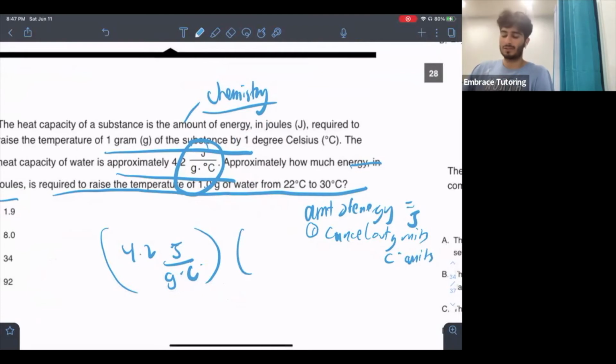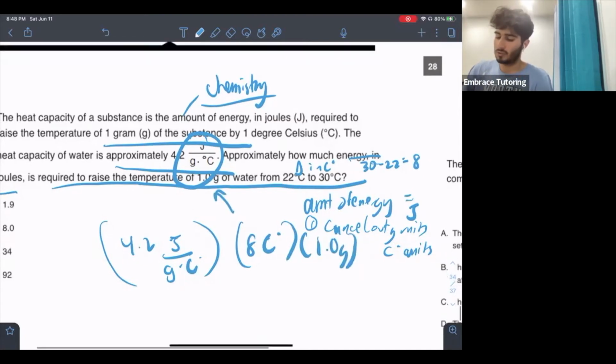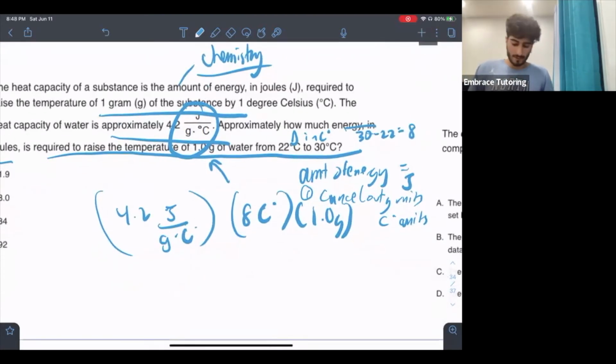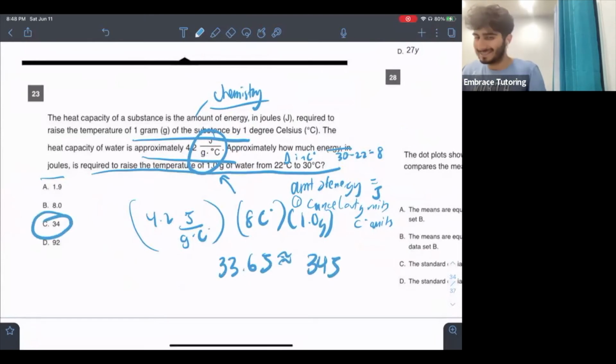You have to find the difference, or the delta, in temperature. 30 minus 22 is 8 degrees Celsius, times 1 gram of water, because that's what they wanted. Put that in your calculator: 4.2 times 8 times 1 gives you 33.6 joules, which rounds up to 34 joules, choice C for 23.